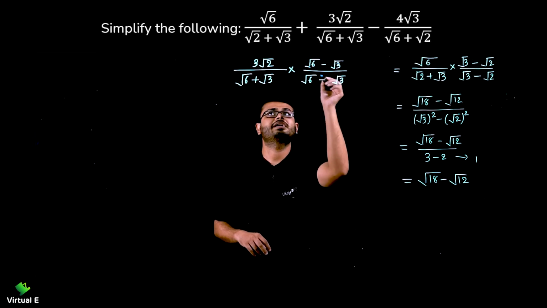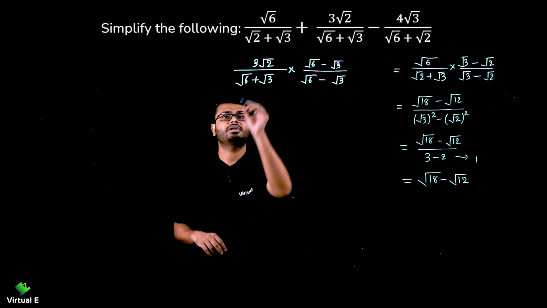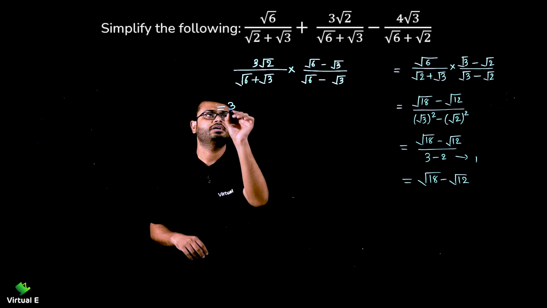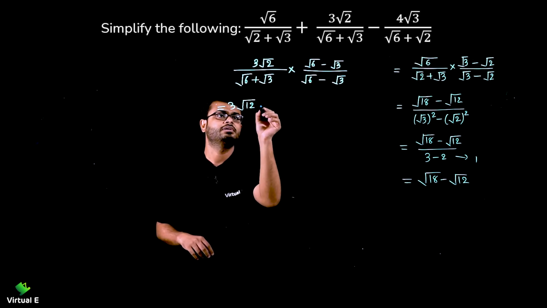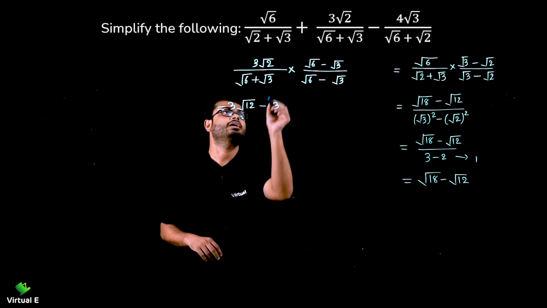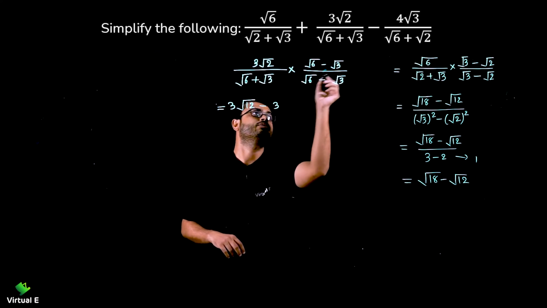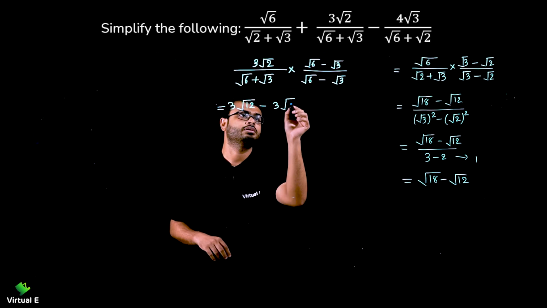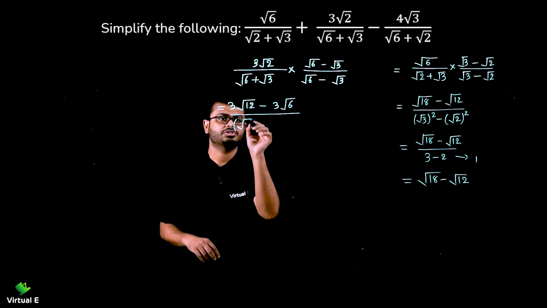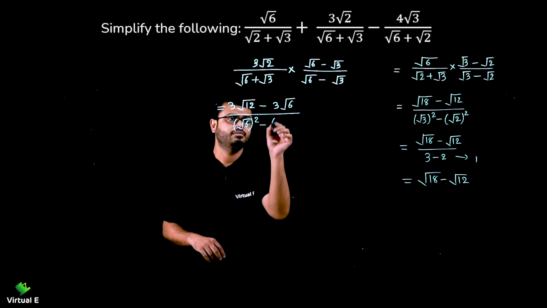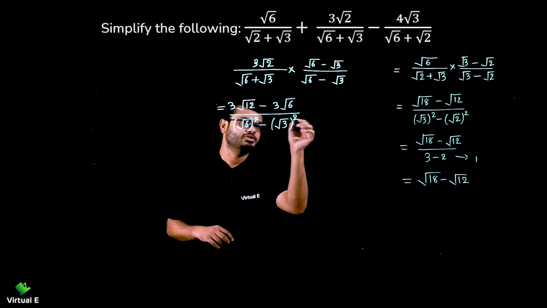Done? Then start with the product. 3 root 2 and root 6, that is what? Root 12, minus 3 again, then root 2 into root 3, that is root 6, and denominator here root 6 square minus root 3 square.